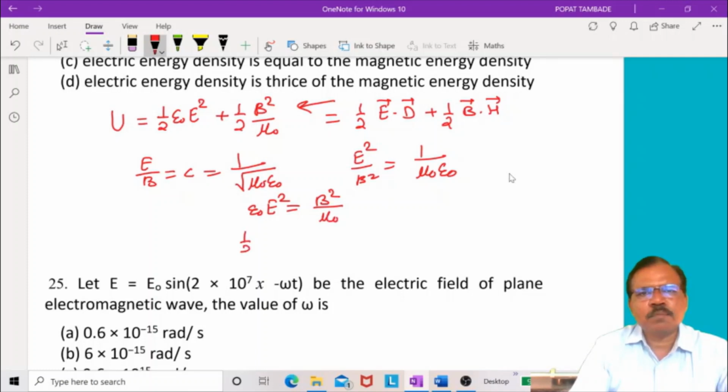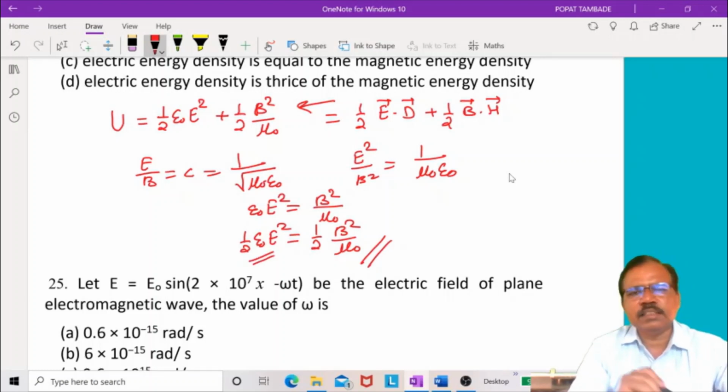So 1/2 epsilon 0 E square will be equal to 1/2 B square upon mu 0. Now this is energy density due to magnetic field, this is energy density due to electric field. So they are equal.